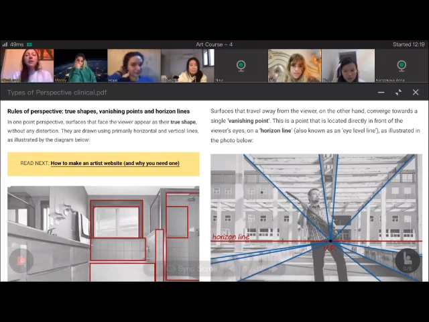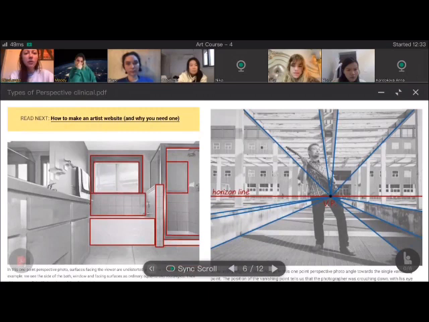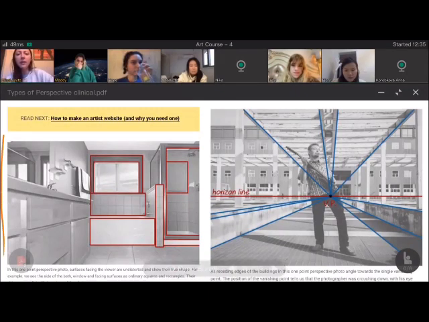So in perspective, there are some rules that are important to remember so we have some idea on how to draw it easily. So for example, in front of us, we see an image of a bathroom over there. Can everybody see the bathroom drawing with red squares?